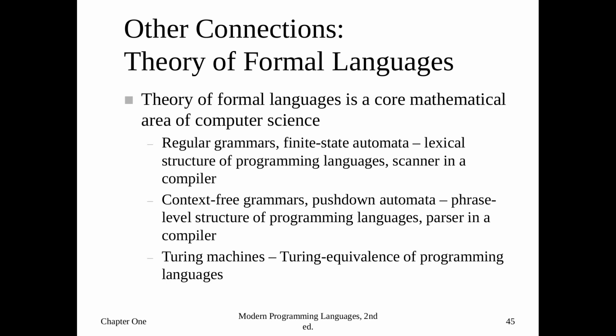Then you get into context-free grammars, push-down automata, which is the phrase level structure of programming languages. These are the underlying formal concepts that allow us to actually create a parser and a compiler. And finally, you'll get into a concept called a Turing machine. And what we can do is evaluate the Turing equivalence of programming languages.